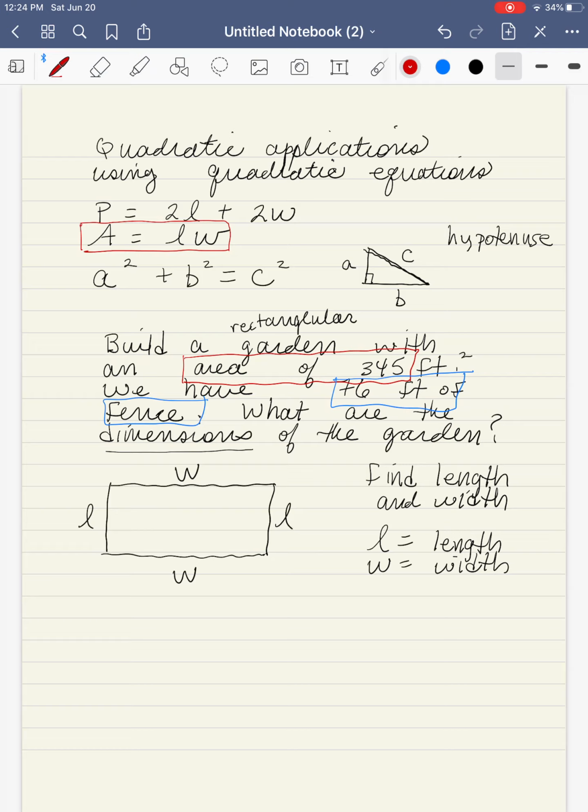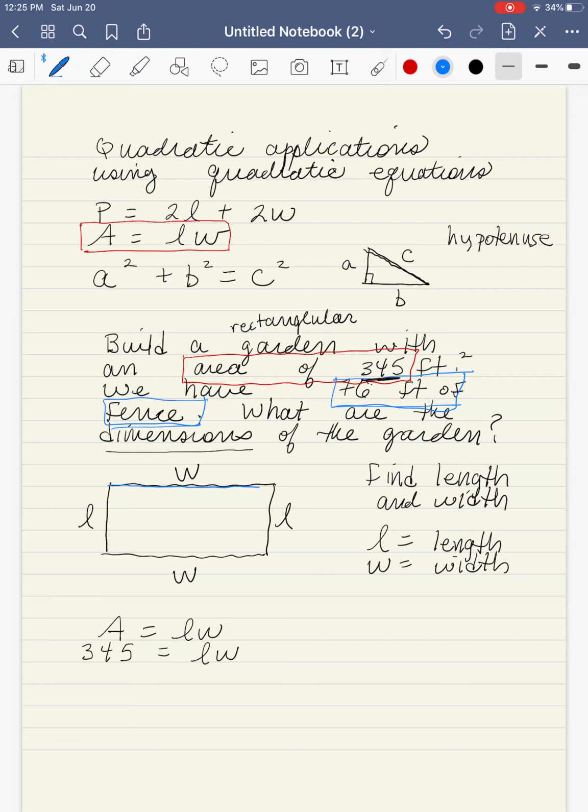We have a formula for area, length times width. Because I know area equals length times width, and the area is 345, I have 345 equals L times W.